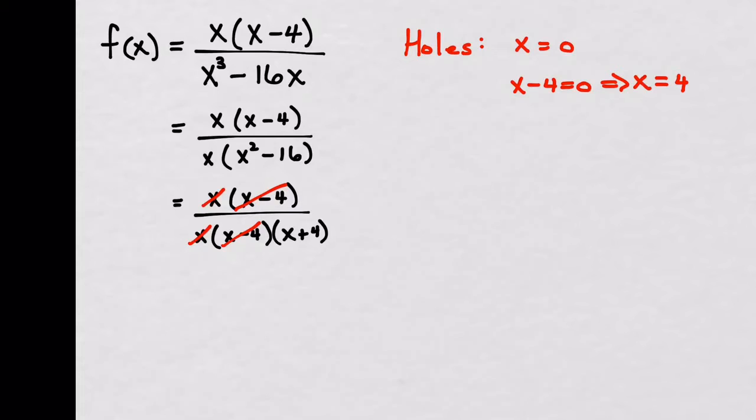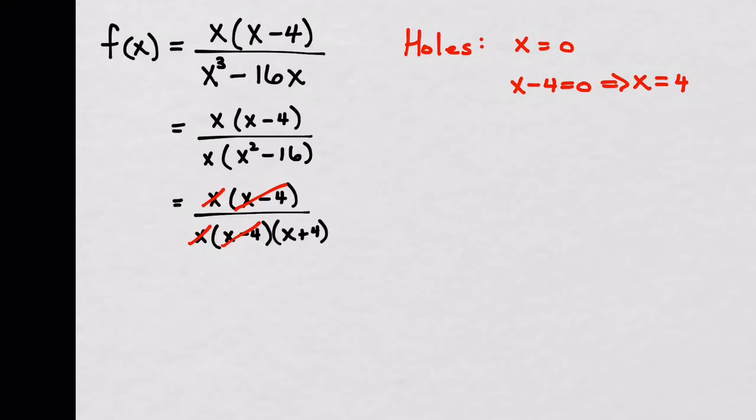So I have a hole at x equals 0, and that comes from the factor x that canceled. And then I have a hole at x equals 4, because x minus 4 equals 0 tells us that x is equal to 4. So this is part of the information we need, but when we're talking about holes, we don't just need an x value, we also need a y value, because it's a point as opposed to a vertical asymptote.